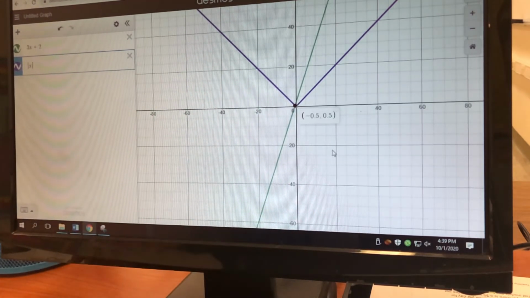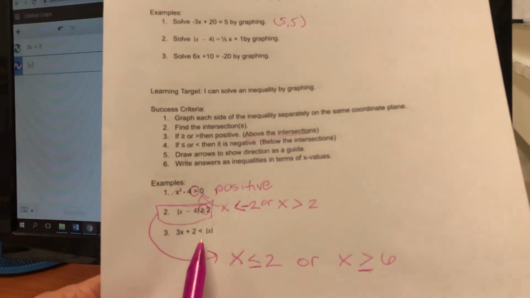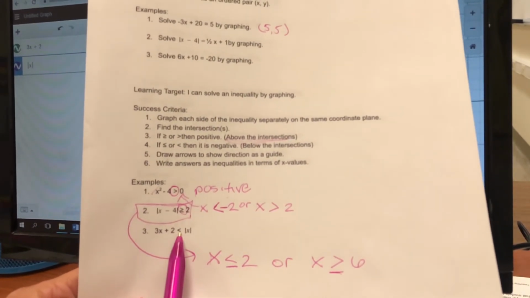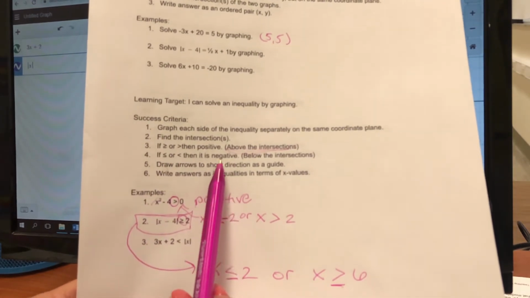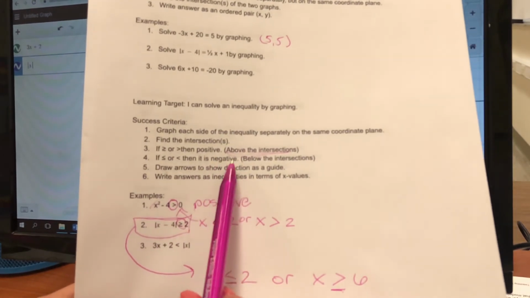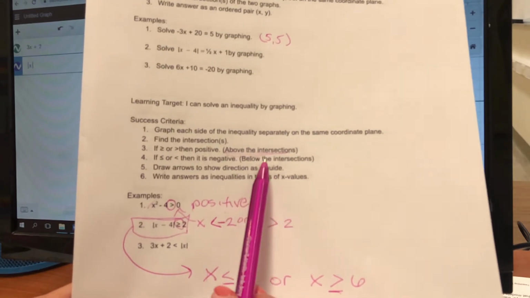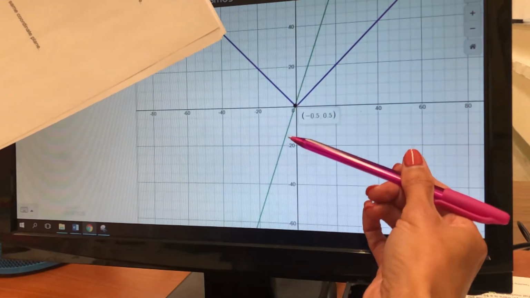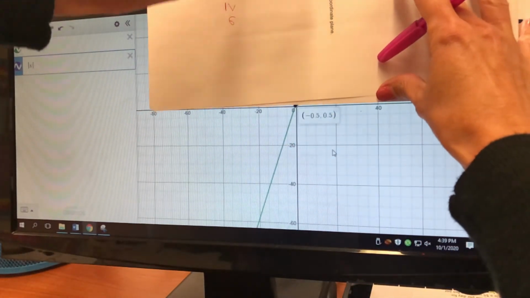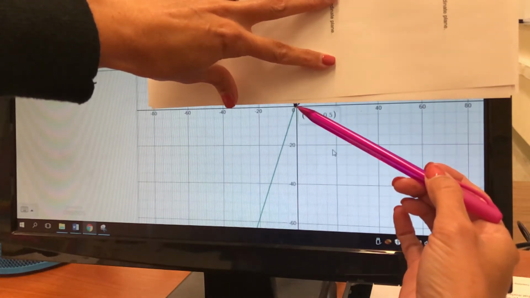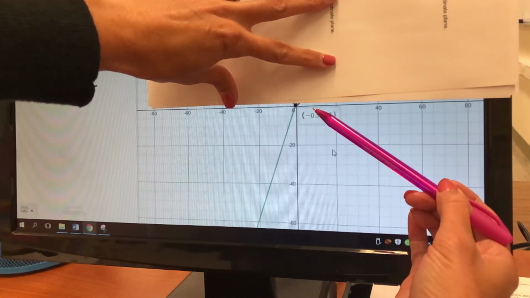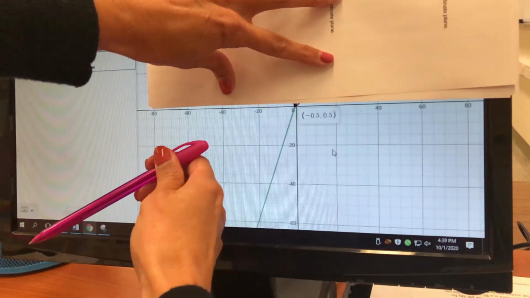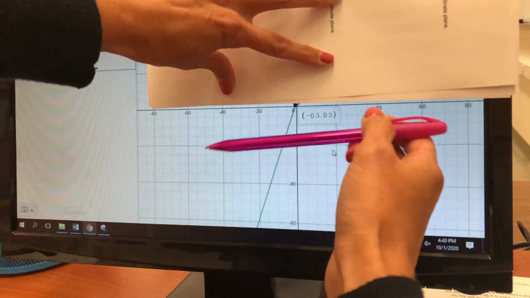I'm going to go back and look. In my problem, that was a less than, so I'm looking for the negative, so that's below. So here, at my intersection, negative goes below, and remember we're looking at x values, so negative 0.5, and it's going towards negative infinity.